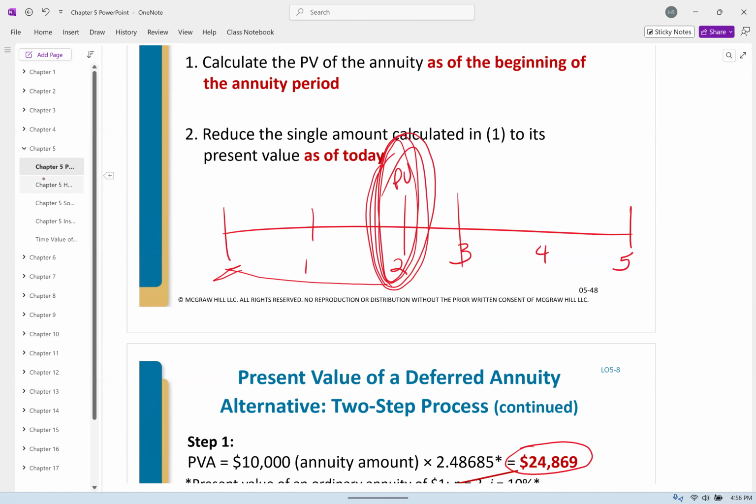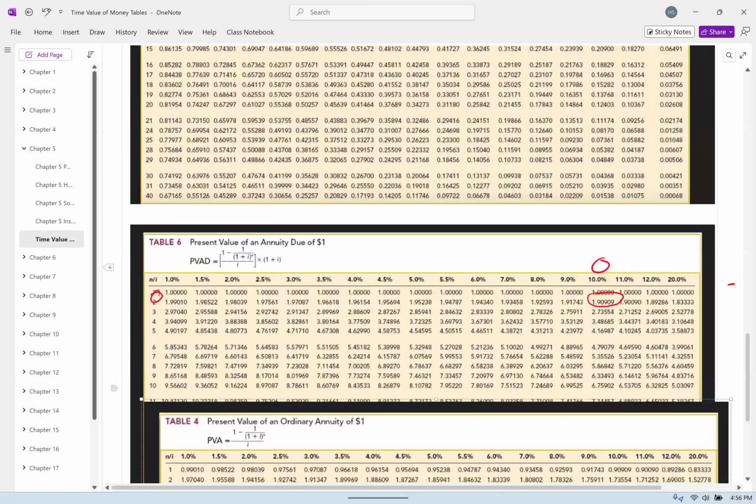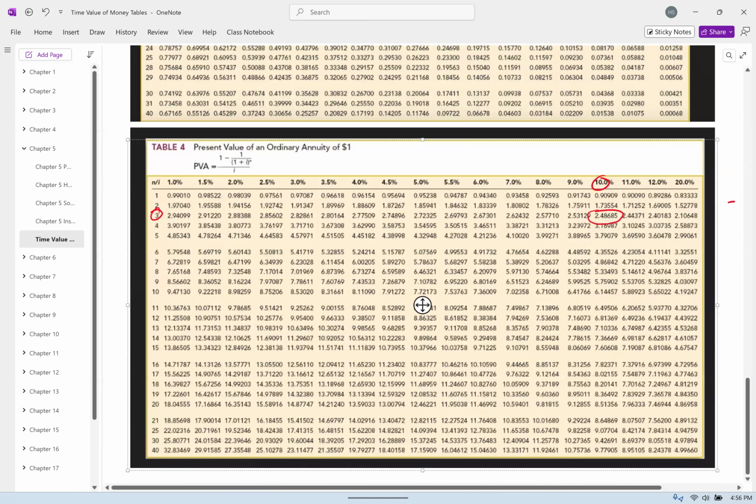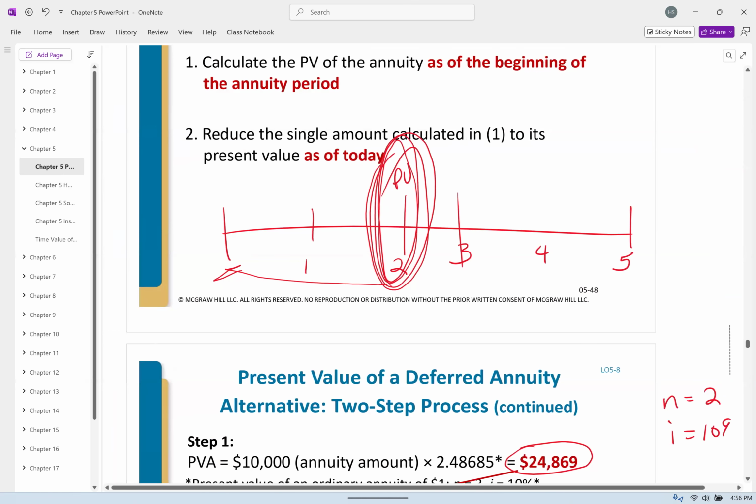Okay, now we're going to look at N is equal to 2 and I is equal to 10%, but there's no payments, so we're going to look at the present value of 1. Sorry about that.